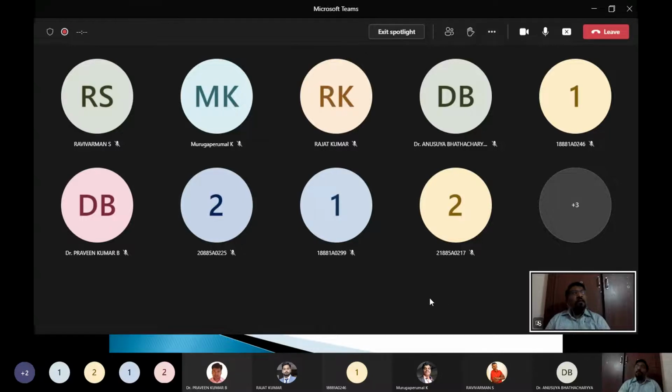Or maybe can we go with how many types of research papers typically the journals accept? Can we go with this pointer first? Before we go with the steps for writing research papers, what are the types of research papers generally the journals accept?